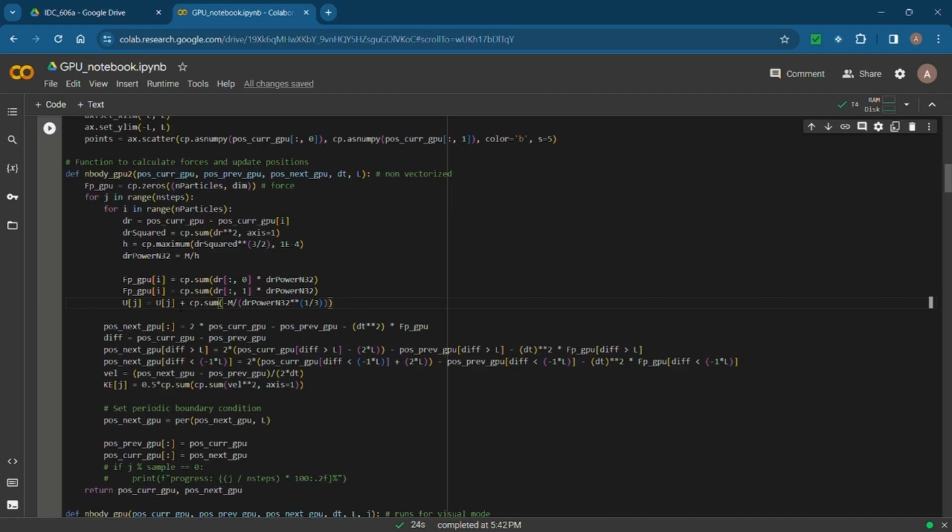So this is like doing 1 by r. As you know, the expression for potential is kind of a summation over i, summation over j, of 1 by rij. So that is what we are doing here.